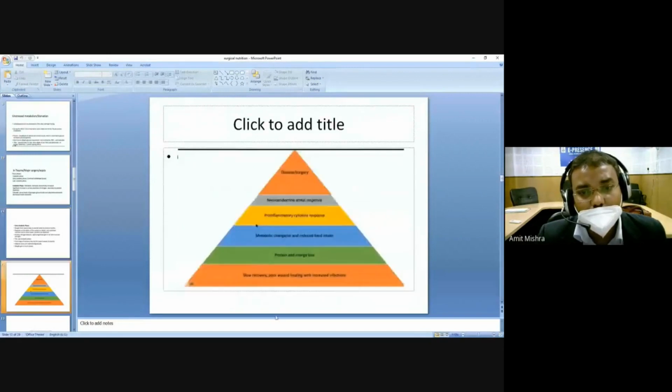So again, this is the diagram we saw in the first slide.